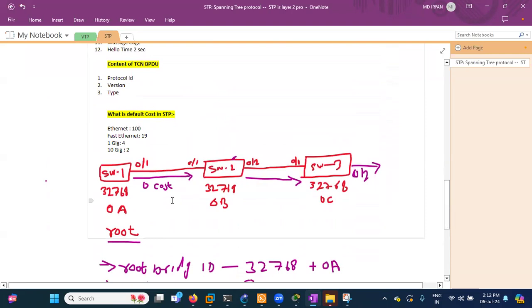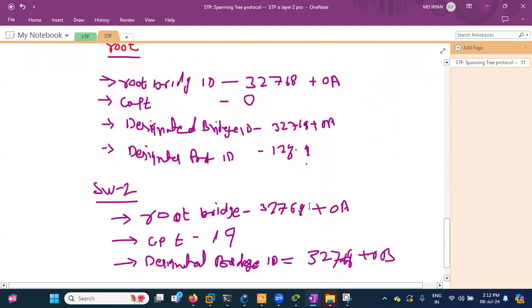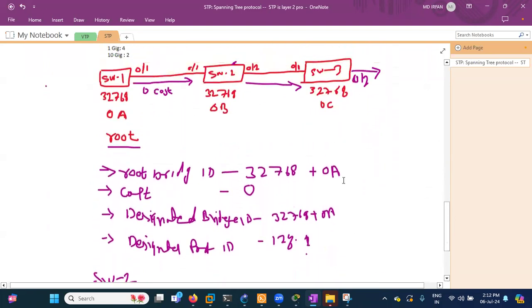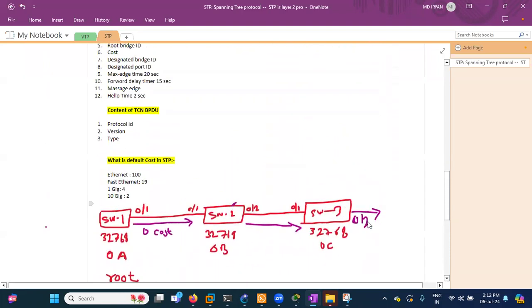No, it should be dot 3? No, dot 1 was for switch 1. Whichever interface is exiting the packet, that port ID will be added when sending to other switches. So if the port number is 1, then 128.1. And for switch two, it will be dot 2.